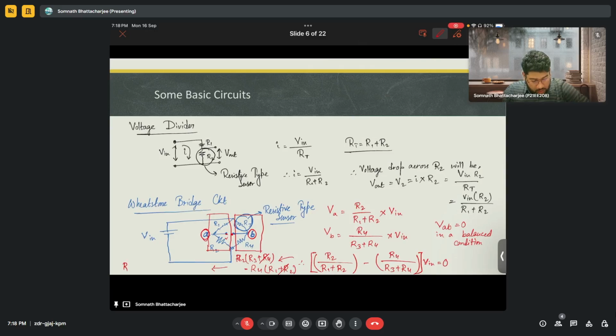So we'll find out that R2 R3 equals R1 R4. From this, we can get the condition for balancing a bridge, that is nothing but R1 by R2 equals R3 by R4. Okay, so this is the bridge balance condition.